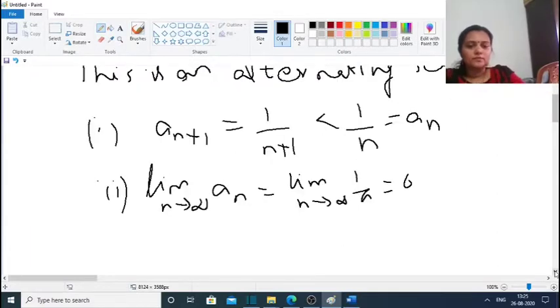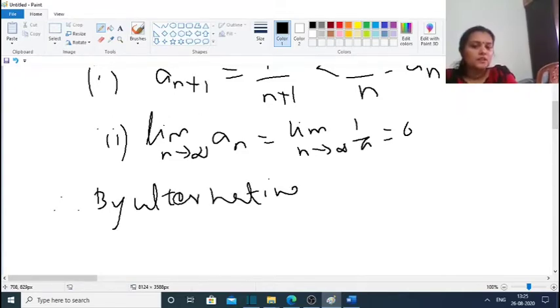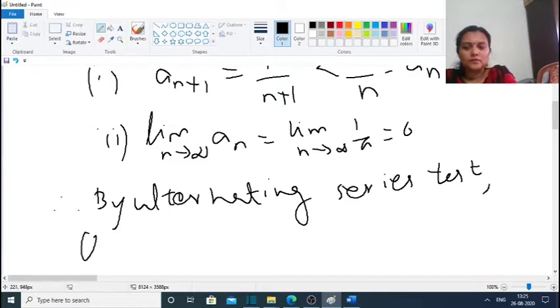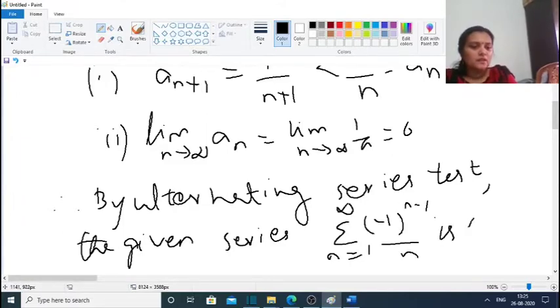Therefore, by alternating series test, the given series sigma n equal to 1 to infinity minus 1 raised to n minus 1 by n is convergent.